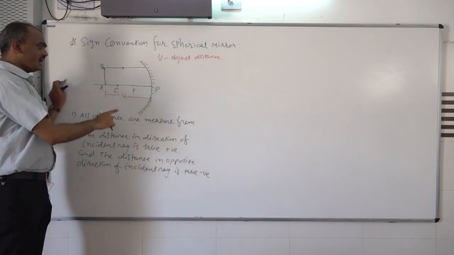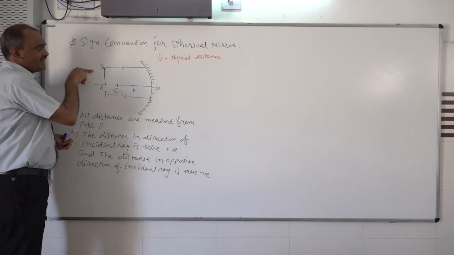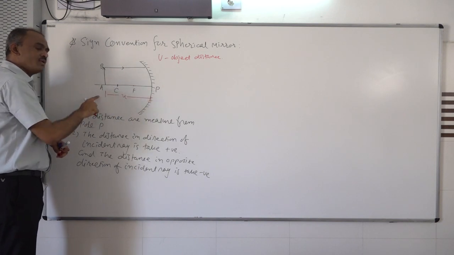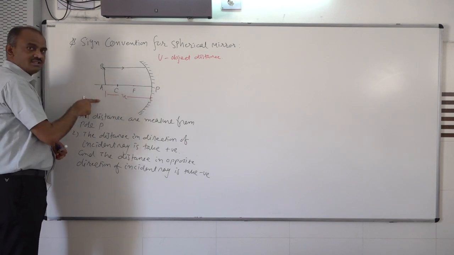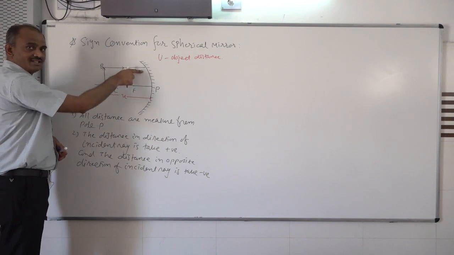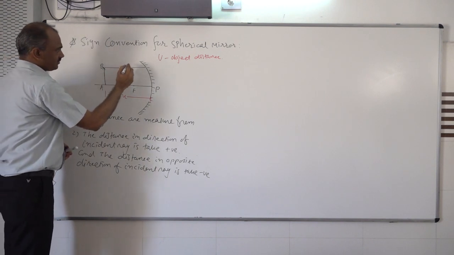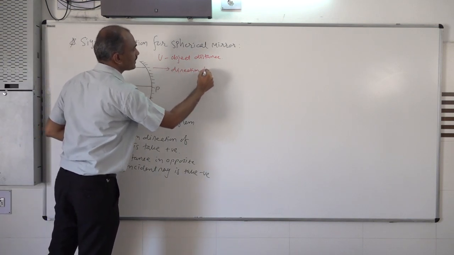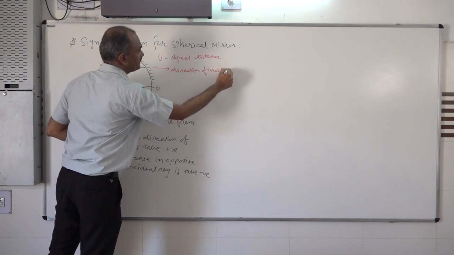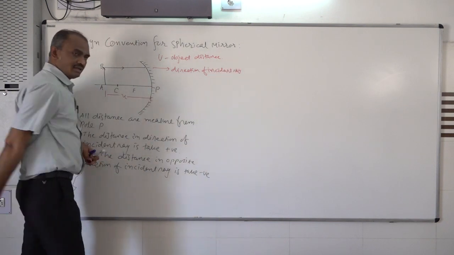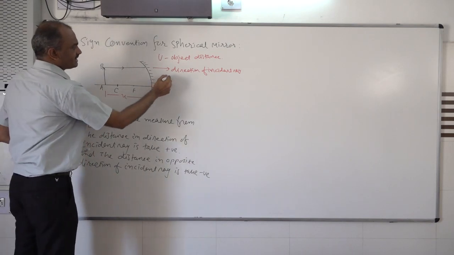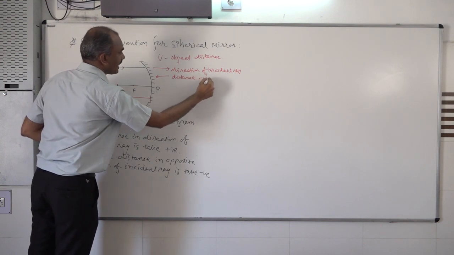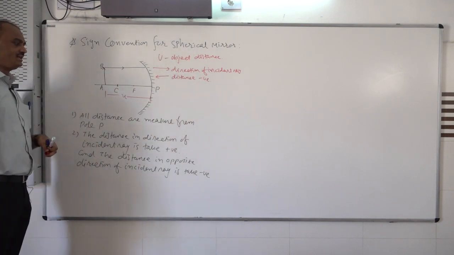The direction of the incident rays is this, and we measure u from P to A. So this distance is opposite to the direction of the incident ray, so we consider it negative.